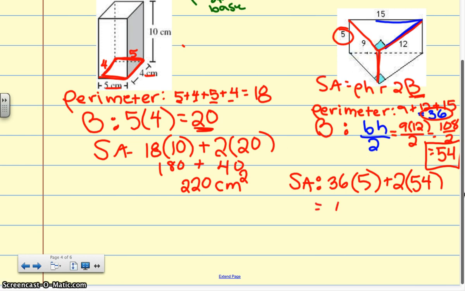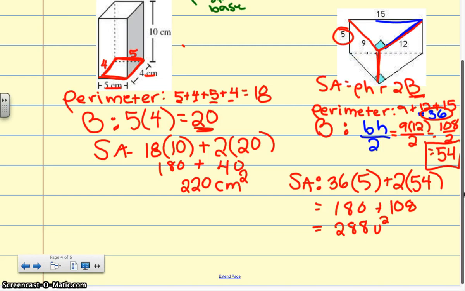This turns into 180 plus 2 times 54 is 108. Adding that together, and I get 288. And it doesn't look like I have any units, so I do units squared because it is an area. Area is squared.